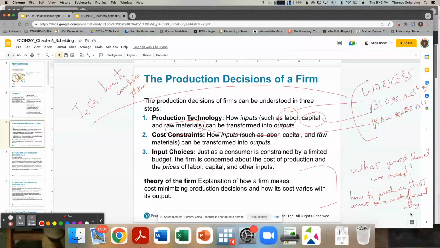So what's our production level going to be, and then how do we produce it in a cost efficient way?